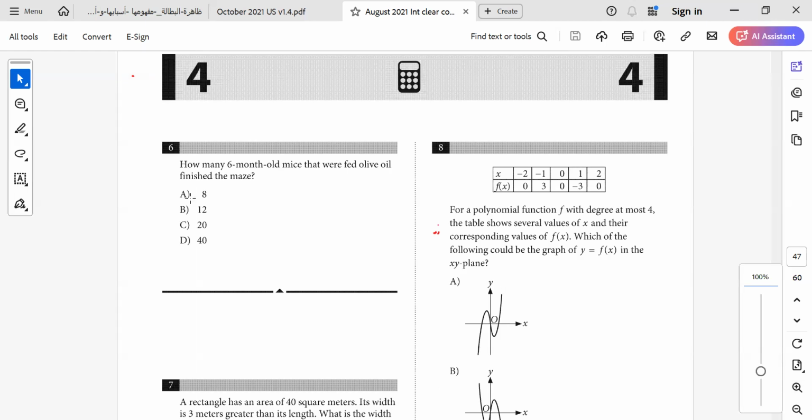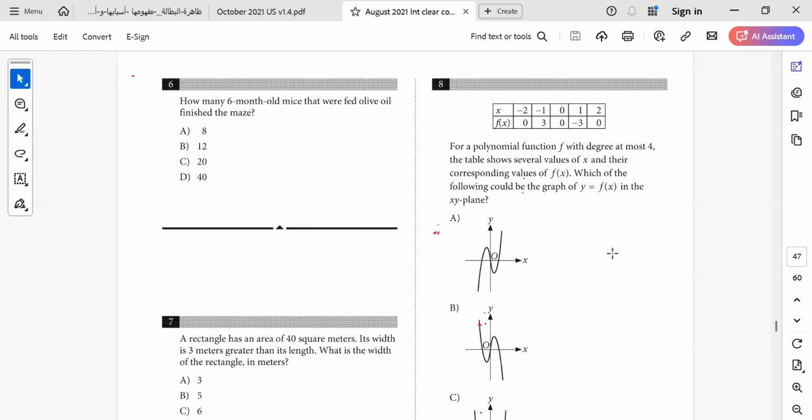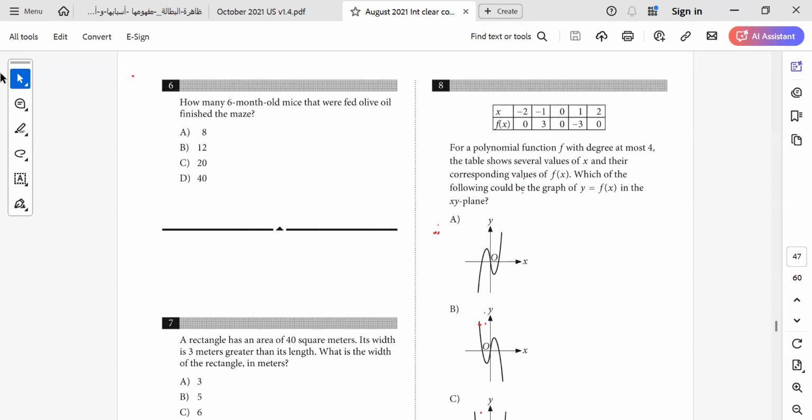The next point, negative 1 and 3, is reasonable here. In part B, the first point, negative 2 and 0, can work, but the second point, negative 1 and 3, doesn't work.